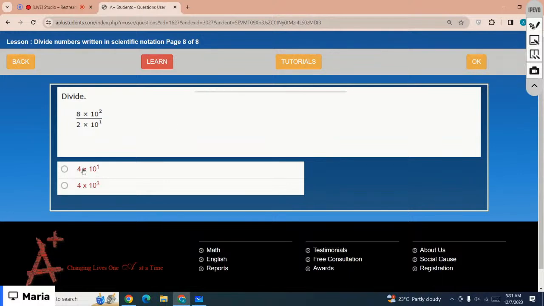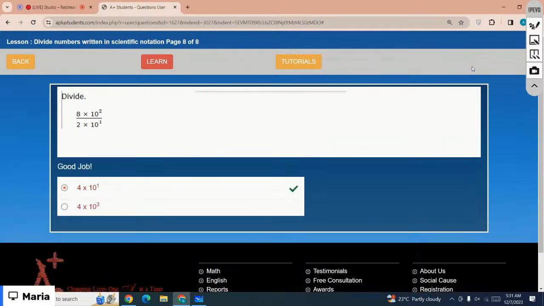Yes, that is 4 times 10 exponent 1 is the correct option, right? Okay, we are done with the lesson. Let's just move on to the next lesson.